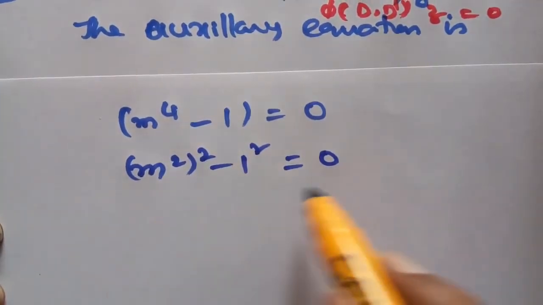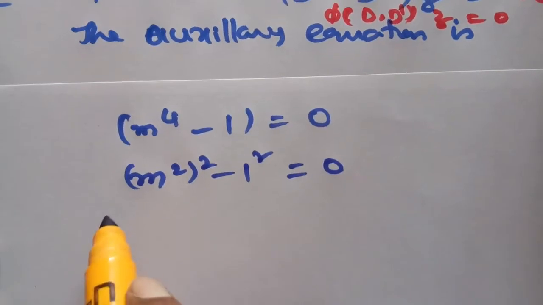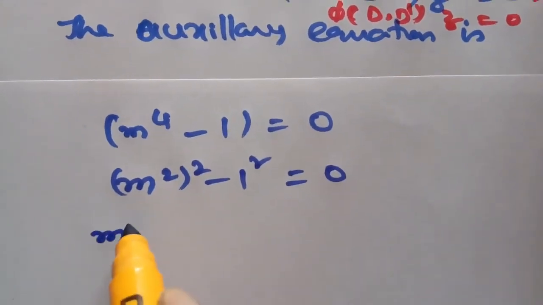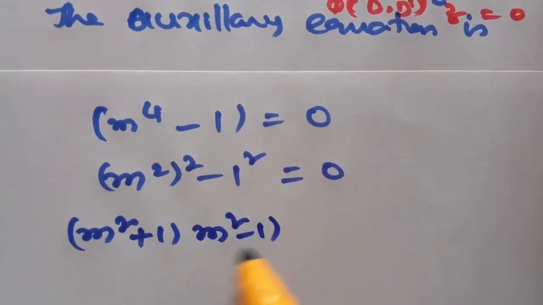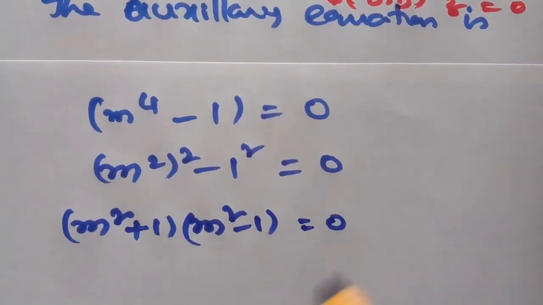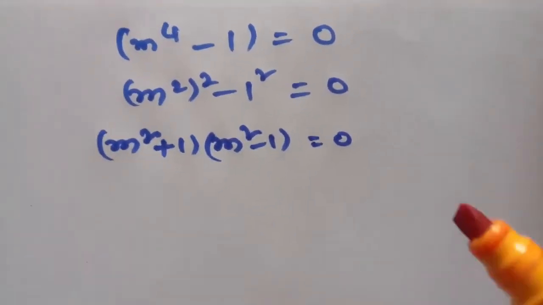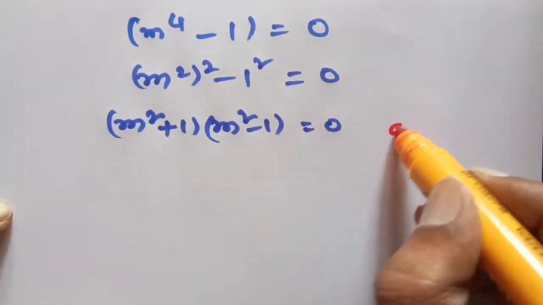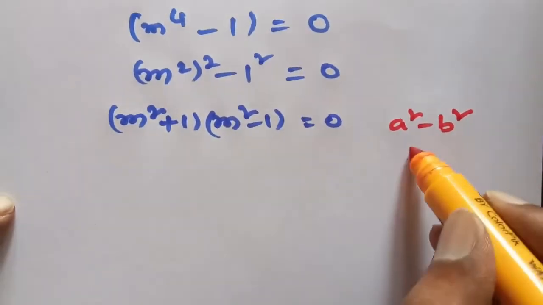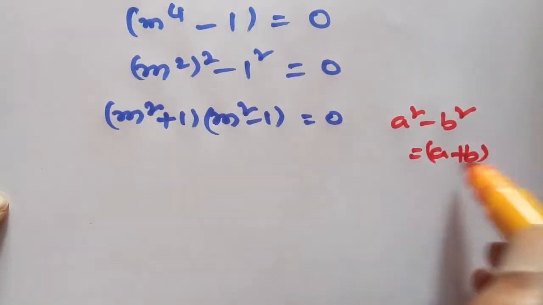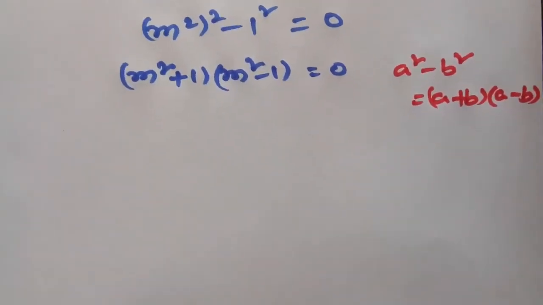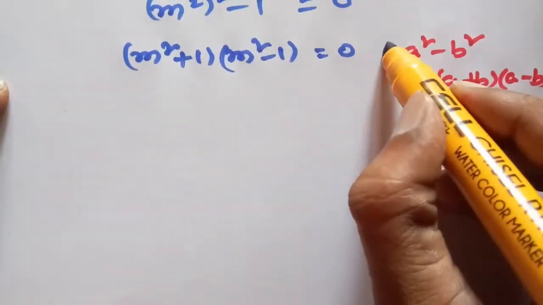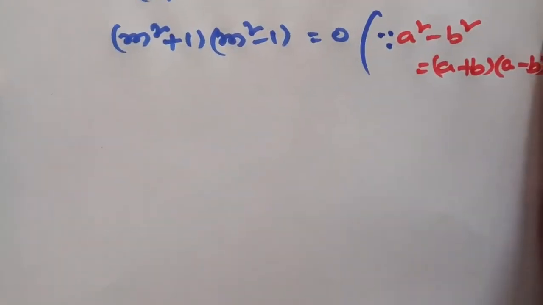Therefore, a square minus b square formula: a plus b into a minus b is equal to 0. Since a square minus b square is equal to (a plus b) into (a minus b), this is the formula we used here.